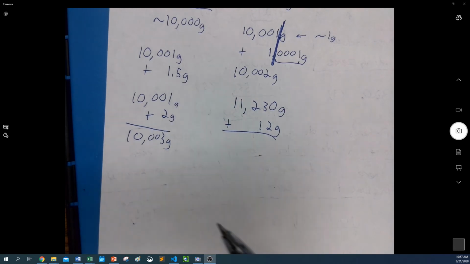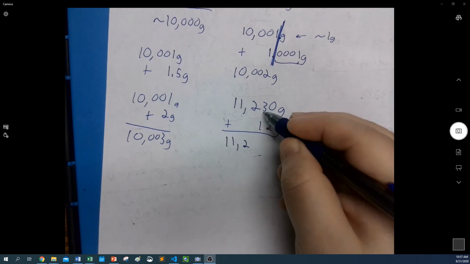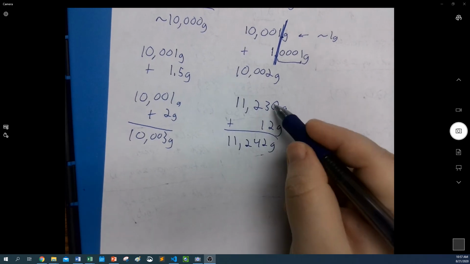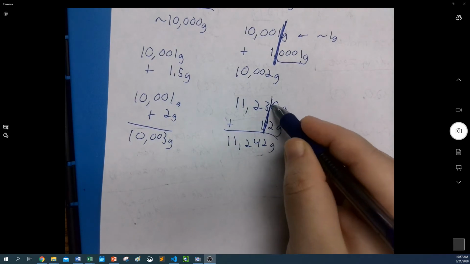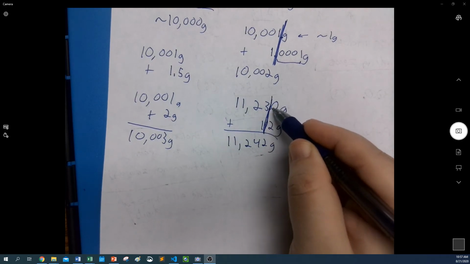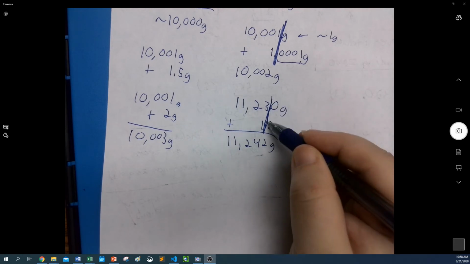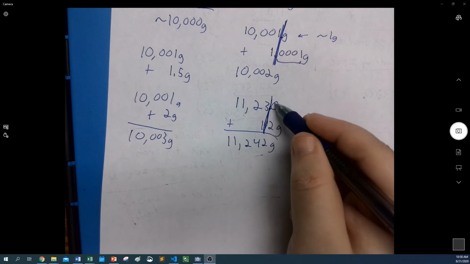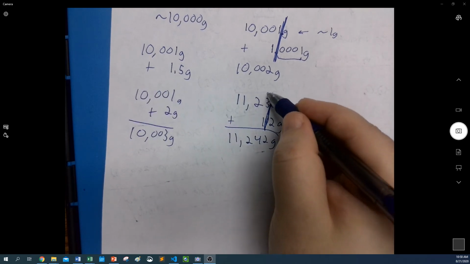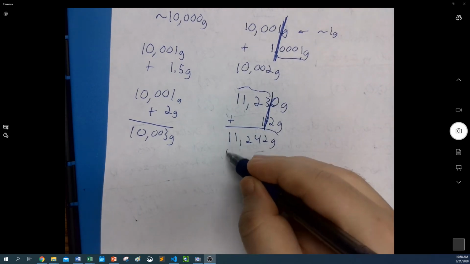Just add this together, and then look at where the least significant decimal place was. It's not really a decimal place, because there's no decimal. It's whatever digit is least. There's a 0 here. So this one only had 4 significant digits. So I need to round my answer to here.